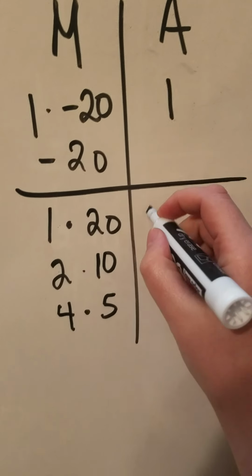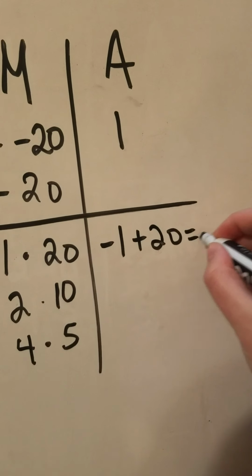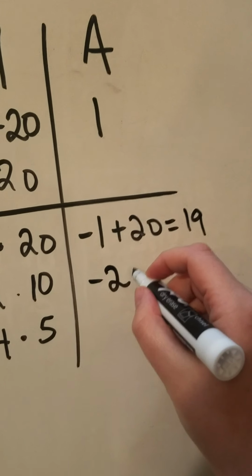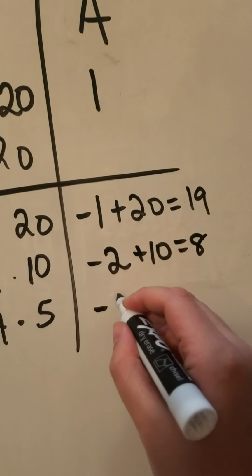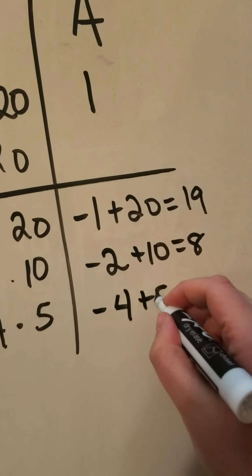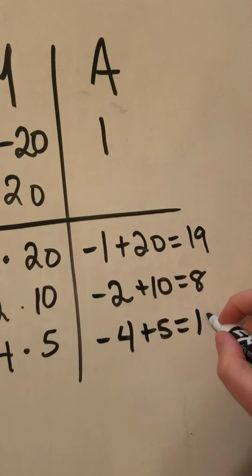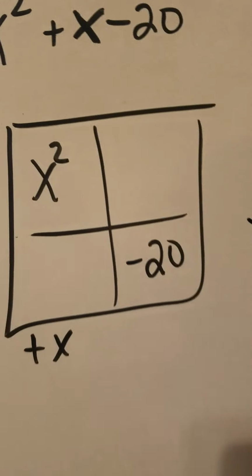So, negative 1 plus 20 gives me 19. Not what I want. Negative 2 plus 10 gives me an 8. Not what I want. Negative 4 plus 5 gives me 1, which is what I want, telling me, hey, this is my pair. Let's go ahead and put them in the box.